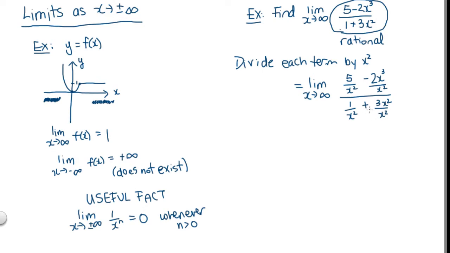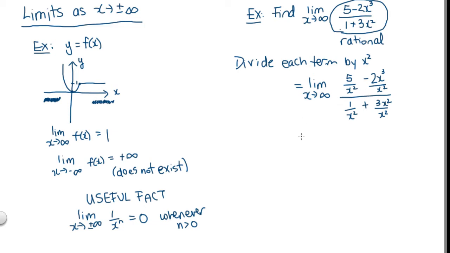So we have not actually changed the function. By dividing each term in the numerator and each term in the denominator by x squared, we've just changed what the function looks like, but we have not actually changed the function itself.